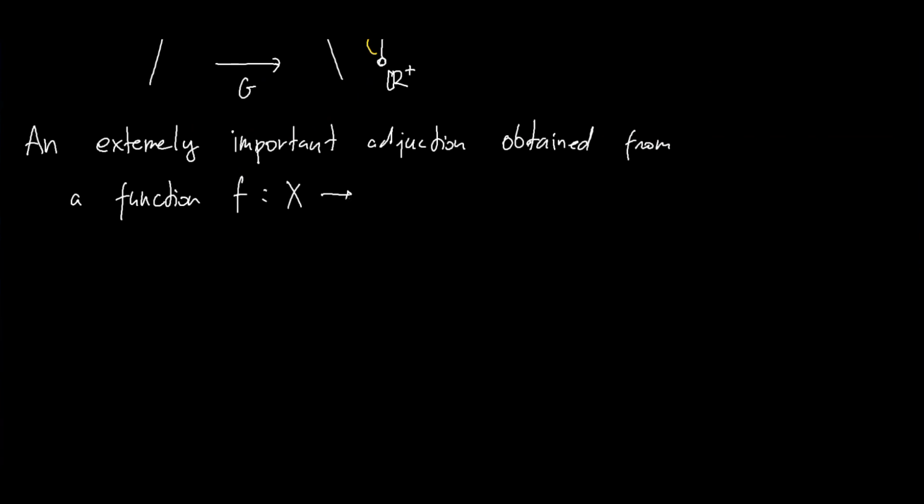So let's say f is a function from set X to set Y. Then we have an adjunction where we've got power set of X on one side, power set of Y on the other side. We are seeing these as ordered sets, with the order being the subset inclusion.